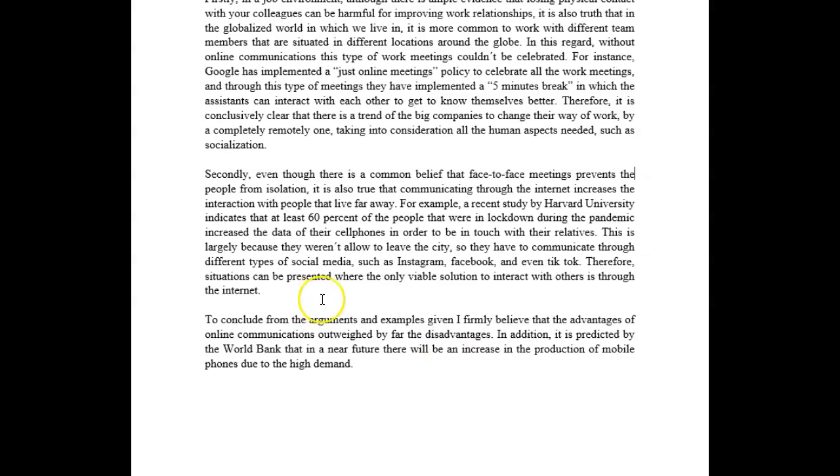Okay, so let's take a look at this. Now, this said that face-to-face meetings prevent people from isolation, but people communicating through the internet helps people that live far away. Okay, so fine. But then, like I said, the rest of this really wasn't relevant.